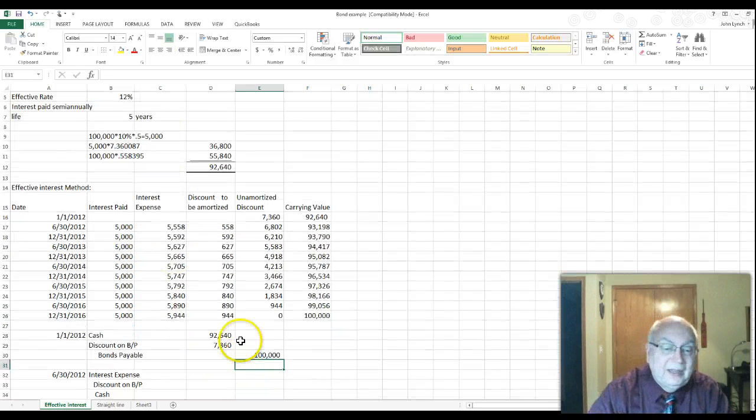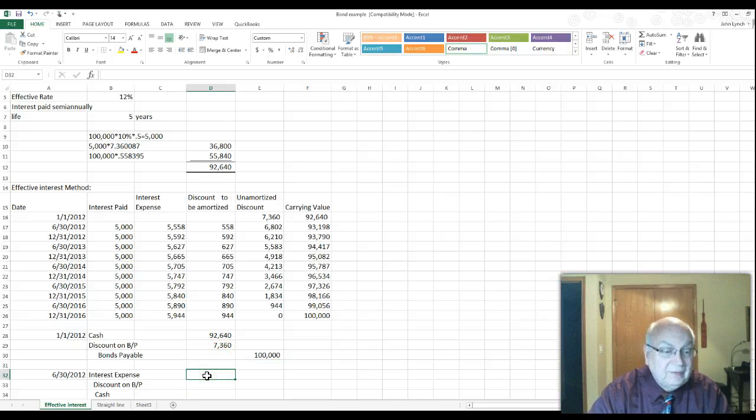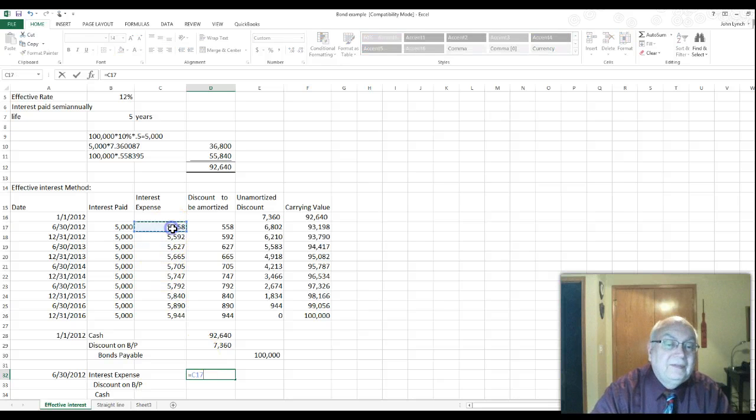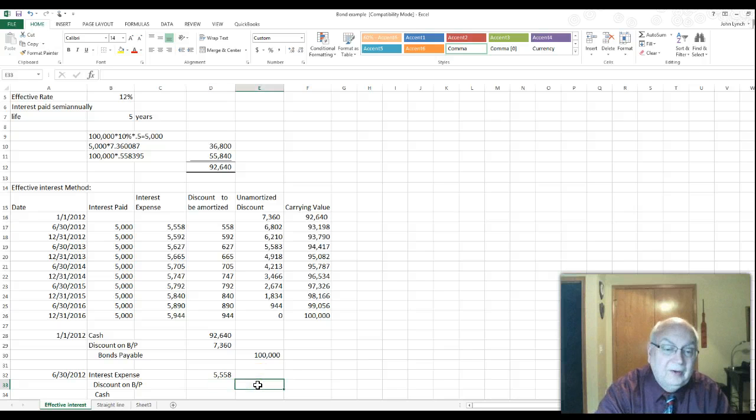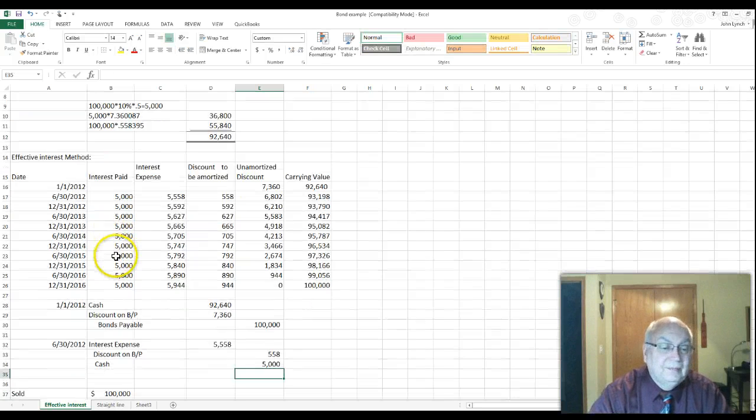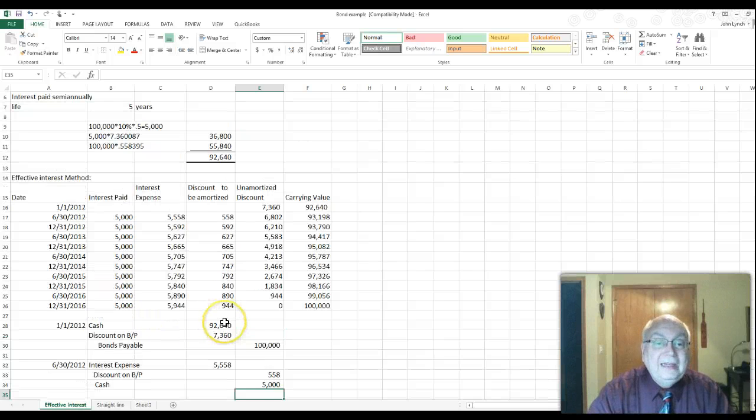Remember, they usually come in $1,000 denominations. Then for the first one on 6/30, we have interest expense of 5,558. The discount will be a credit for 558, and cash will be for $5,000. Okay, that is your discount.